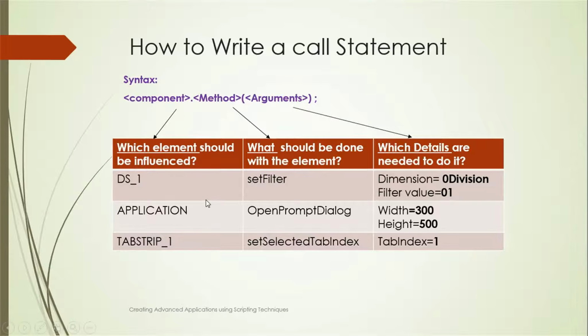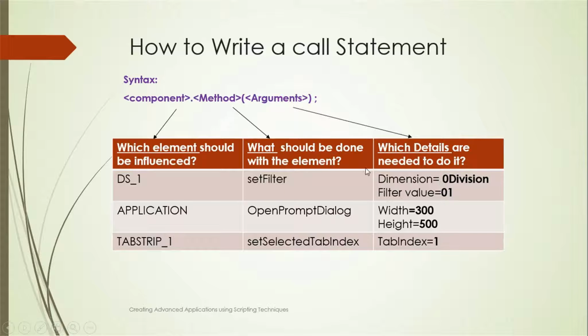In the method, for ds1 dot set filter, suppose for a data source we need to specify some filter condition, then we can use the set filter function. On the application, suppose we need to open a prompt dialog, then we can use that. Then for the tab strip, we can use set selected tab index. The arguments are the details we need to specify.